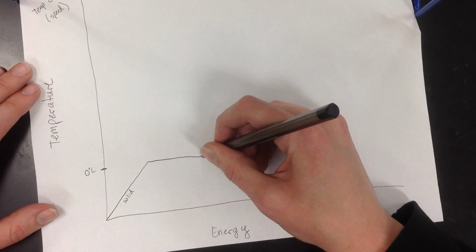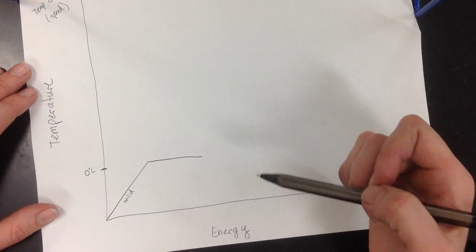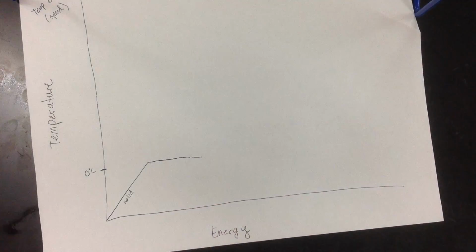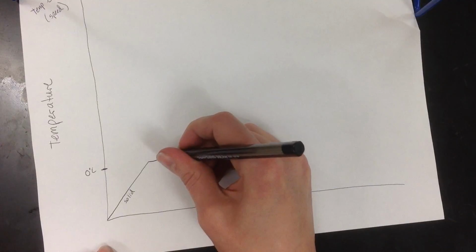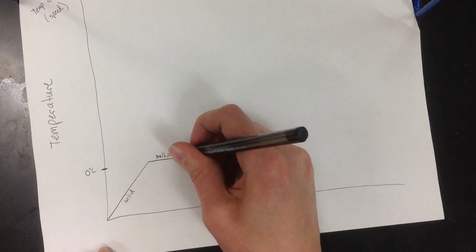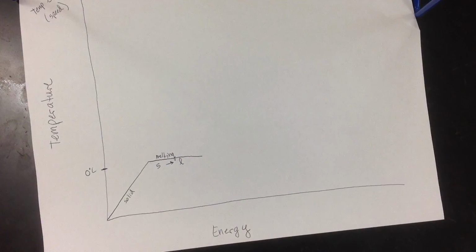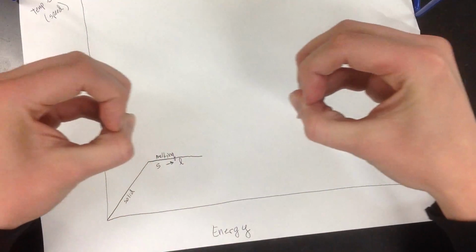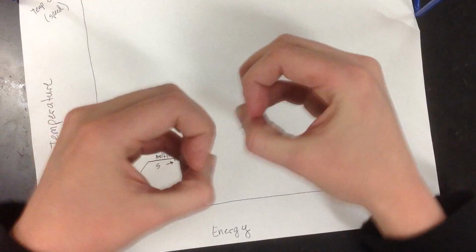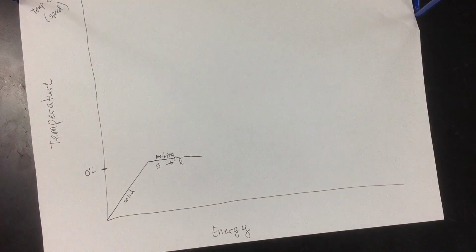So it starts to flatline at 0 degrees Celsius because instead of speeding up your particles, we're now melting our solid, going from a solid into a liquid, and that process is because we're pulling apart the particles in my lattice work. I'm pulling them apart in order to move around and become a liquid.